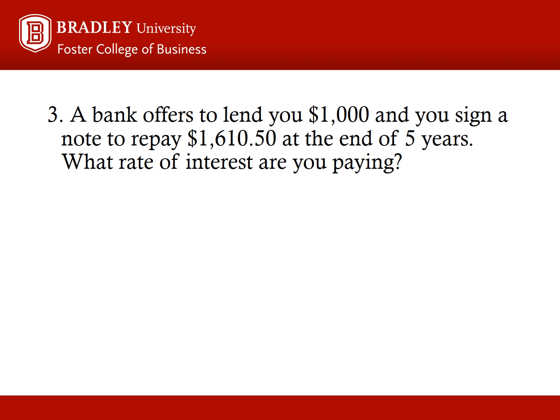One's the inverse, basically, of the other. So you could use either formula to solve this problem, and you're just solving for the interest rate. On the next slide, I will show you how to do it using both formulas, so you can check your answer.